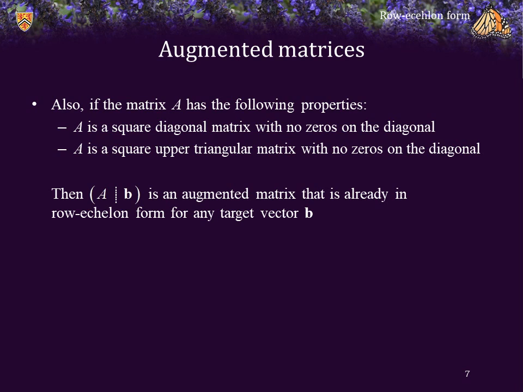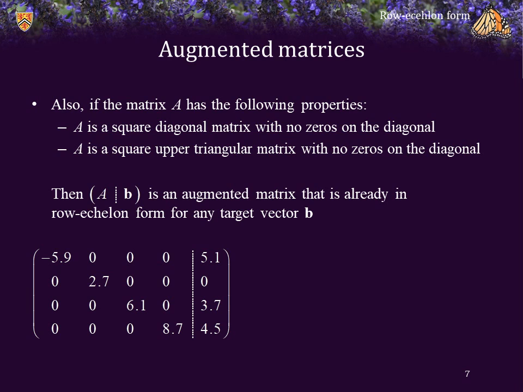Consequently, B must contain as many entries as any column of A. For example, here we see the matrix AB, where the matrix A is a 4 by 4 diagonal matrix with no zeros on the diagonal. We also see that it is in row echelon form, and it would be in row echelon form regardless as to what the target vector B was.